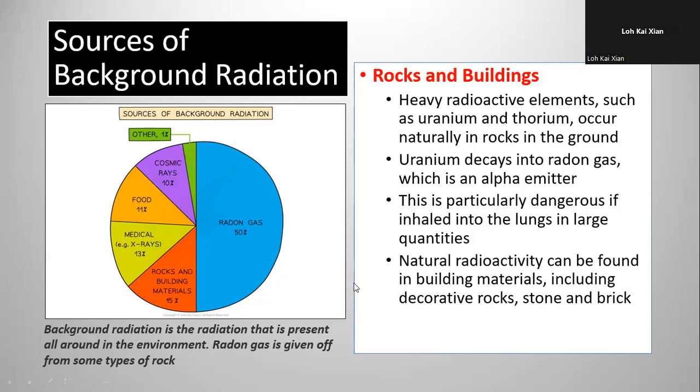That's why when you breathe it in, it becomes dangerous because it accumulates in your lung. Natural radioactivity can be found in building material, including decorative rocks, stone, and brick. Cannot escape. It's already there. When we take the rock or stone or brick, it's already there.